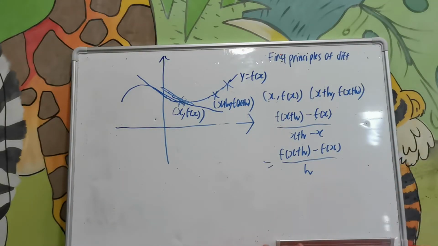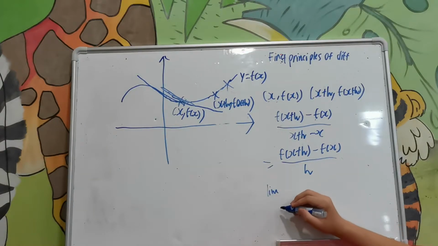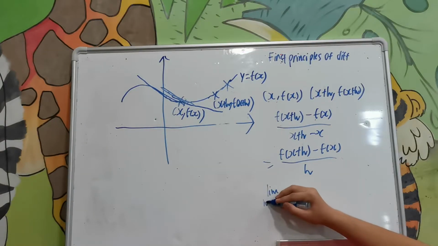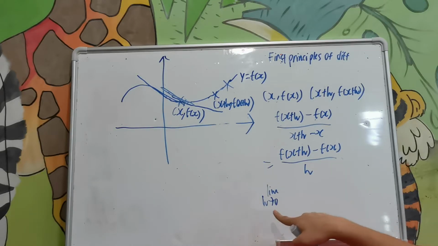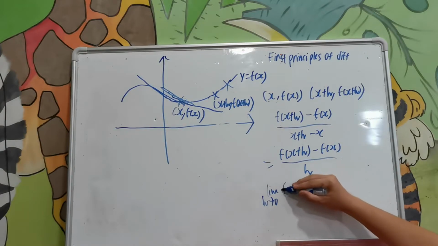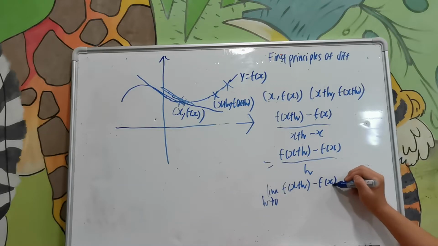The thing that we want is for h to be a very small number. So you'll be doing this thing called a limit. So basically how you interpret this is, as h tends to 0, what would the value of this tend to?